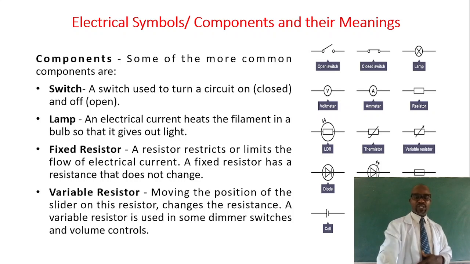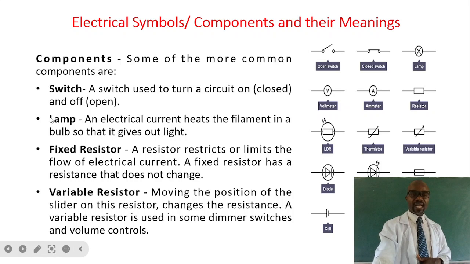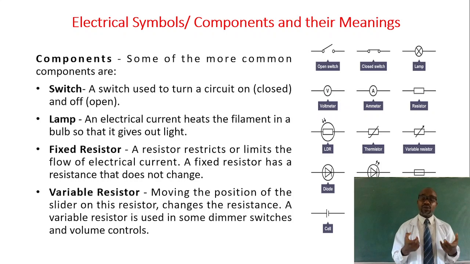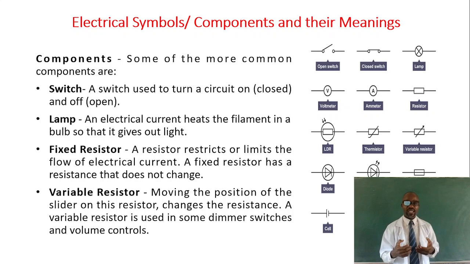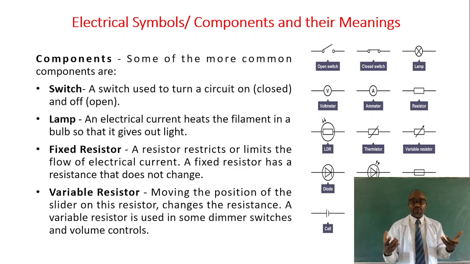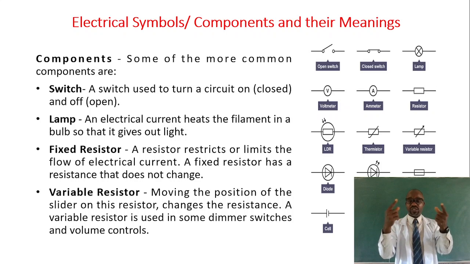The second component we are going to consider here is the lamp. A lamp is also an electrical or electronic component that heats up when there is a source of energy. It heats up the filaments, giving out heat, that's energy, giving out heat as light.